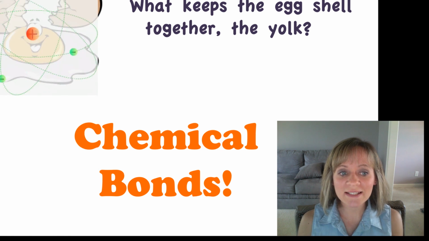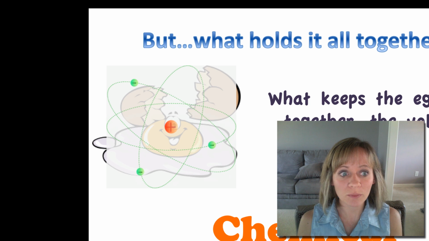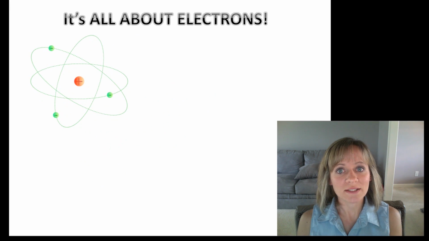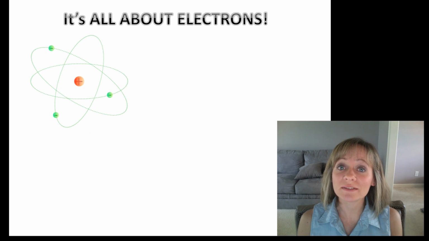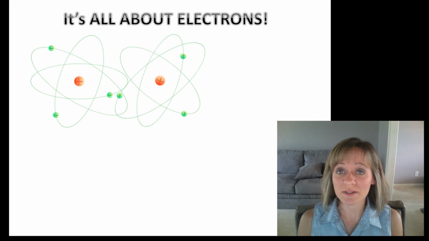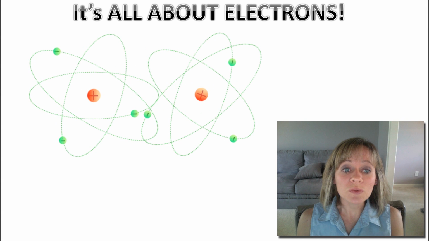So let's go back to this idea of the atom, because remember there are billions of atoms inside of that egg, and let's take a closer look at how these atoms are bonded together through chemical bonds. Well, it's all about the electrons. The electrons are what is involved in the chemical bonds. So here's one atom, and let's bring in another atom, its little friend, okay? So you notice that the two electrons are wanting to be close together.